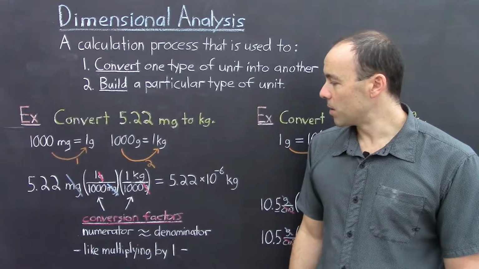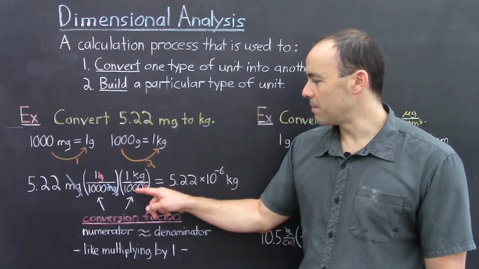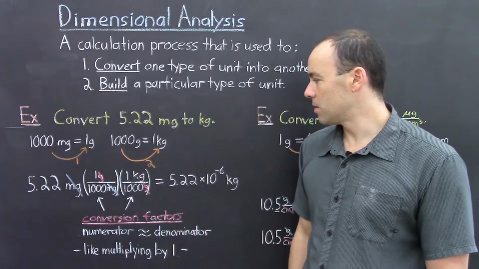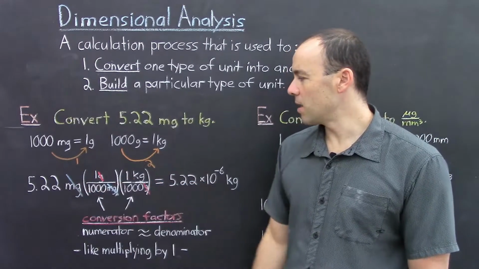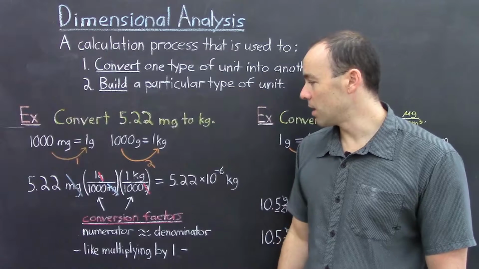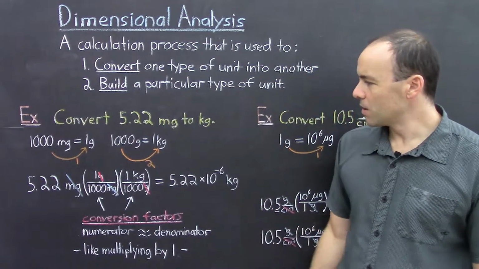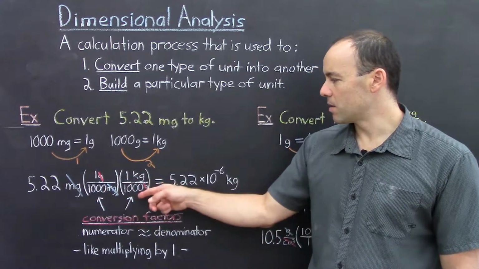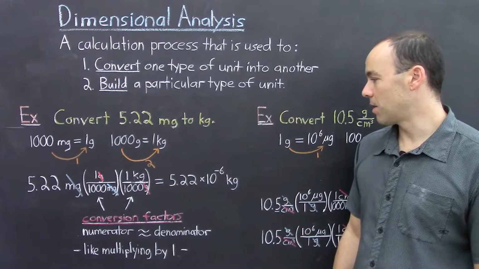And then multiplied by the second conversion factor, 1 kilogram divided by 1,000 grams, and here the gram unit cancels. So doing the whole process means canceling the milligram unit and canceling the gram unit and being left with a kilogram unit. So 5.22 divided by 1,000 divided by 1,000, you get 5.22 times 10 to the negative 6 kilograms.